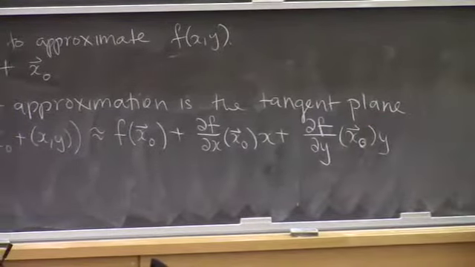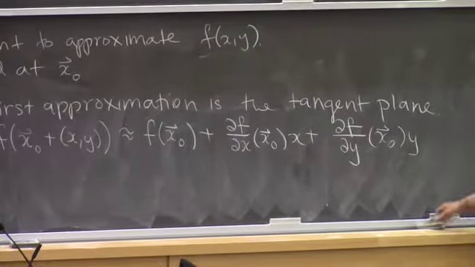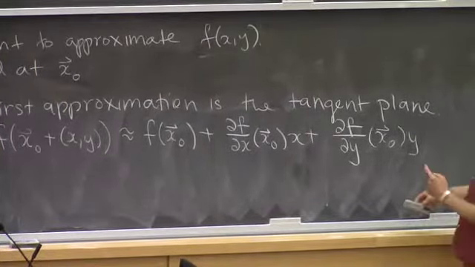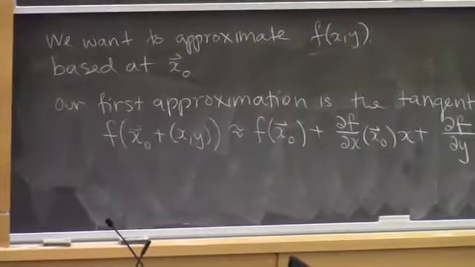Okay, so we take the partial derivatives of our function and put them against the two coordinates in our approximation. So let's write down a tangent plane and see what that looks like.